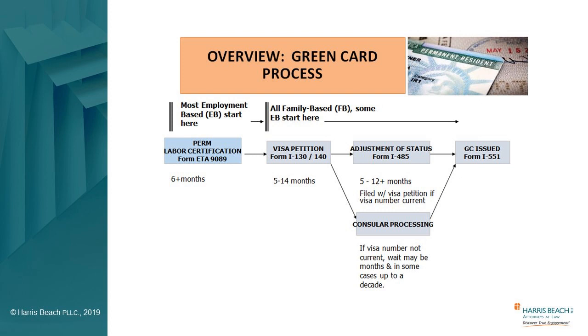Now the two different options we have here, adjustment of status versus the alternative, consular processing, that's typically governed by where the employee is located at the time they can apply for a green card. So in order to adjust status, they have to be in the United States in a non-immigrant status. If they're here in an H-1B status, for example, they would file an application for adjustment of status.